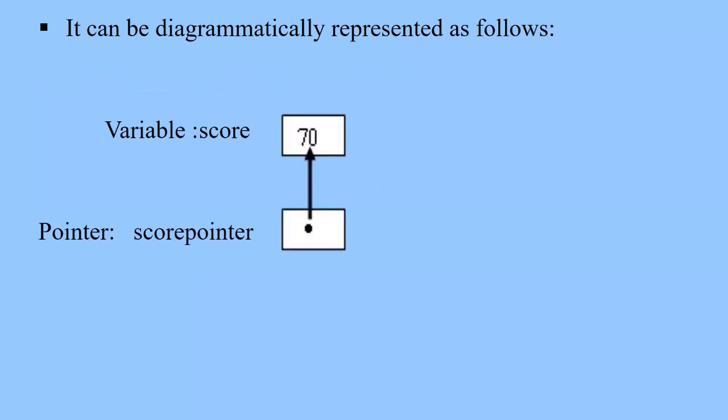It can be diagrammatically represented as follows. Variable score, then a pointer to the variable.